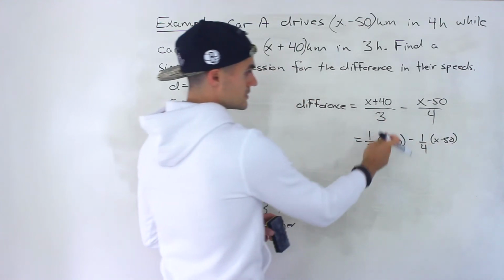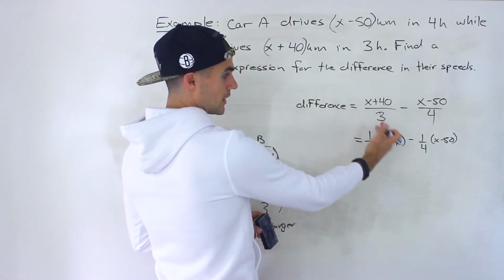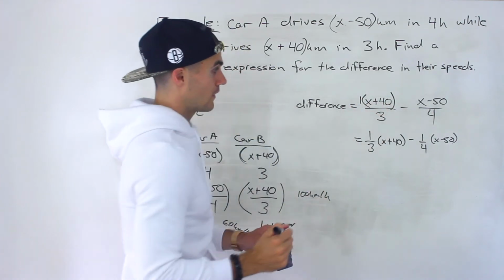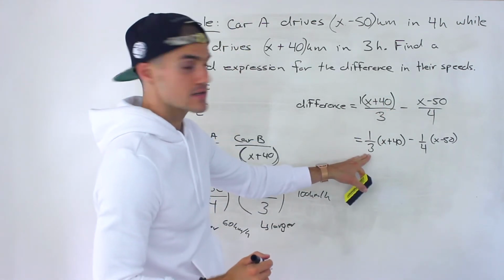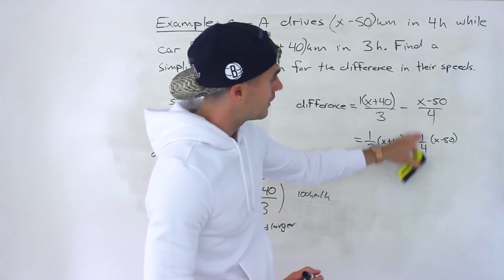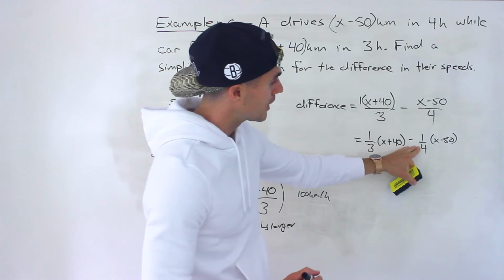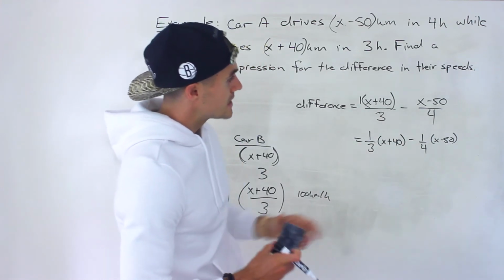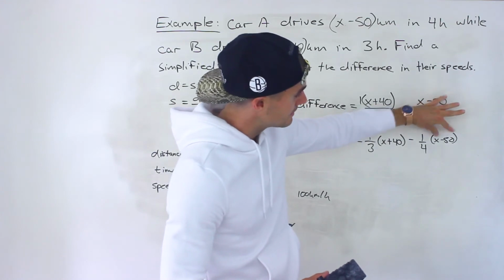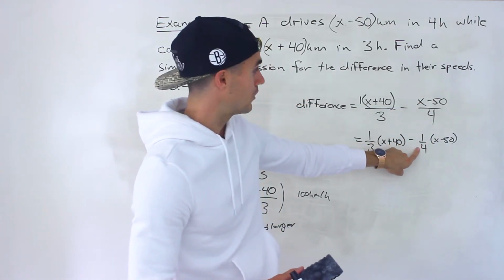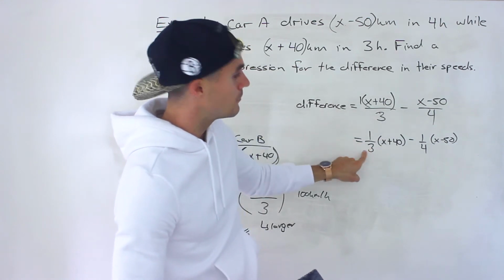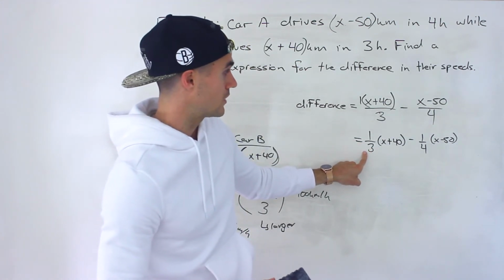But the 3 was in the denominator, so when we take it out, it has to be in the denominator, and there's like a 1 in front there. So this and this are the exact same thing. Minus, I took the 4 in the denominator and brought it out, and there was like an imaginary 1 that I brought out as well. Taking something and dividing it by 4 is the same thing as taking that thing and multiplying it by 1 over 4, right? Taking something and dividing it by 3 is the same thing as multiplying it by 1 over 3.